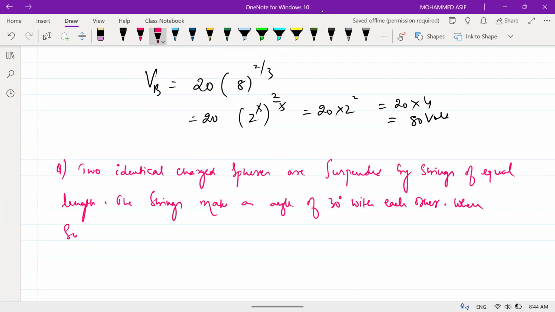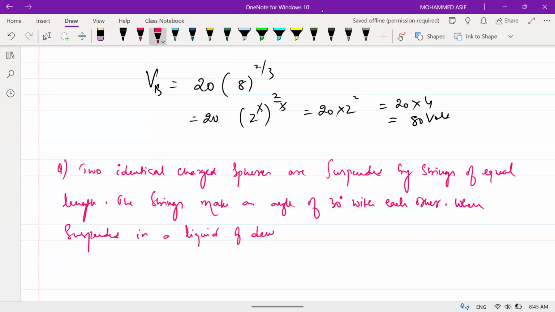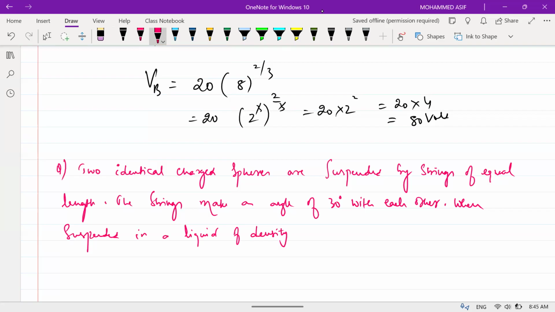Okay. When suspended in a liquid of density 0.8 gram per cc, the angle remains the same.